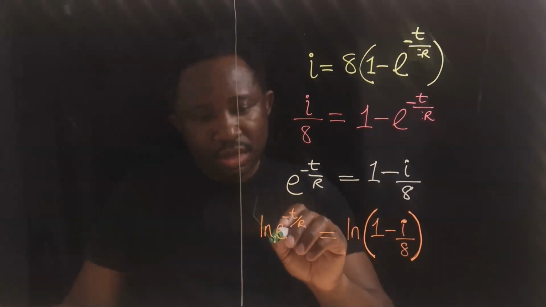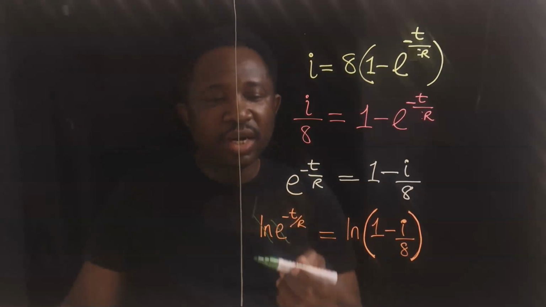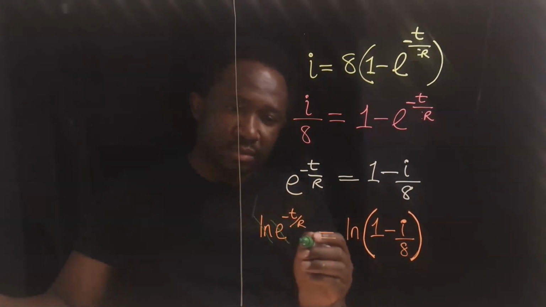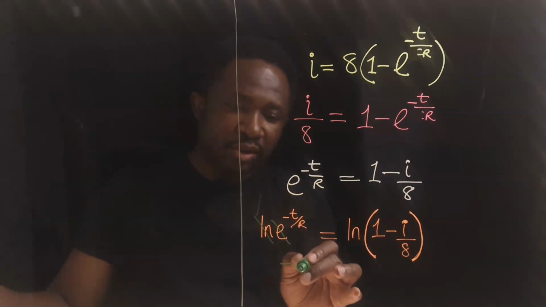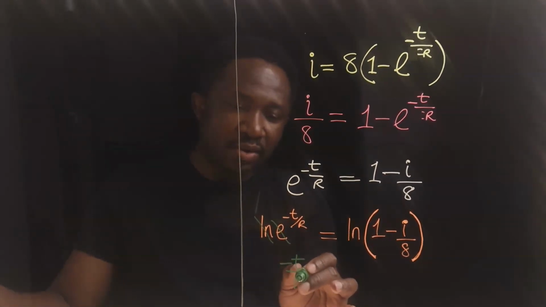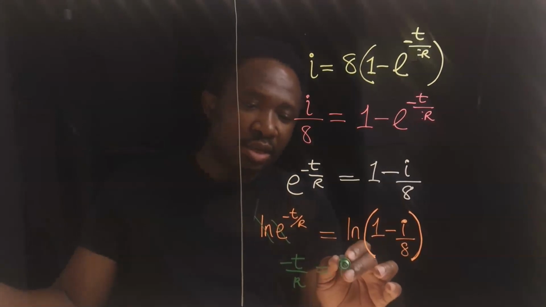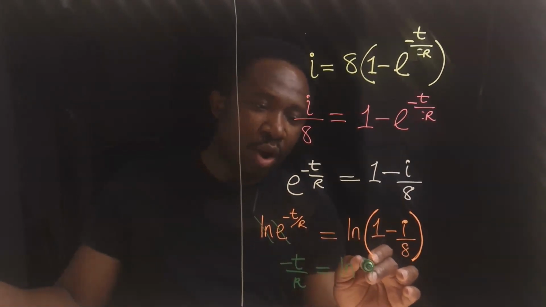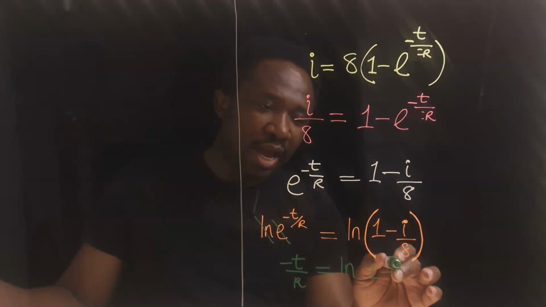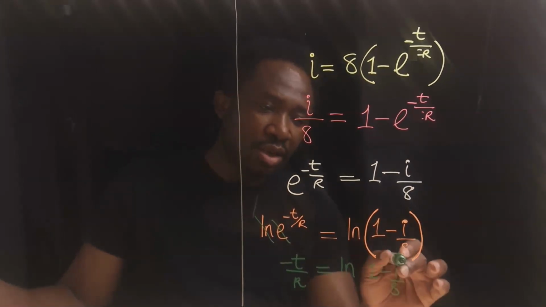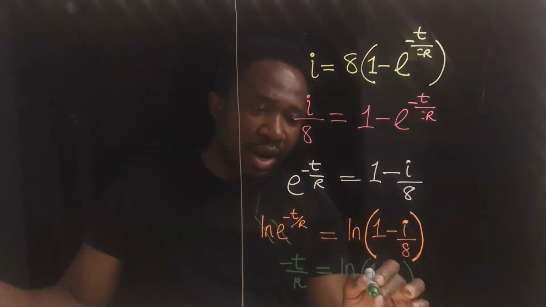Now natural log will neutralize exponential, and minus t over r is now free, and on this side we have the natural log of 1 minus I over 8 all in bracket.